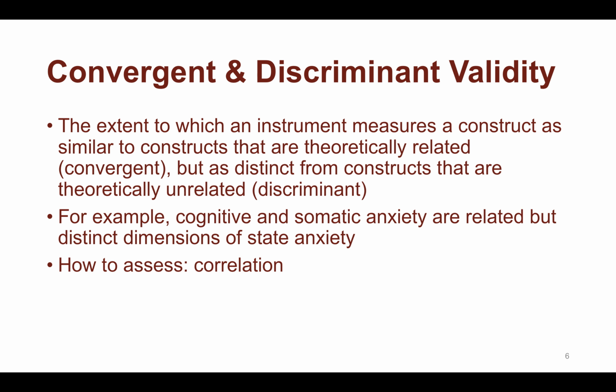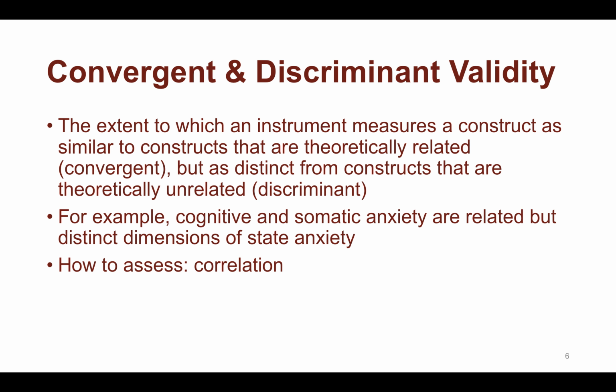Convergent and discriminant validity are related concepts. These are the extent to which an instrument measures a construct as similar to constructs that are theoretically related, that's convergent validity, but as distinct from constructs that are theoretically unrelated, that's discriminant validity. For example, cognitive and somatic anxiety are related because they're both dimensions of anxiety, but they're distinct dimensions.